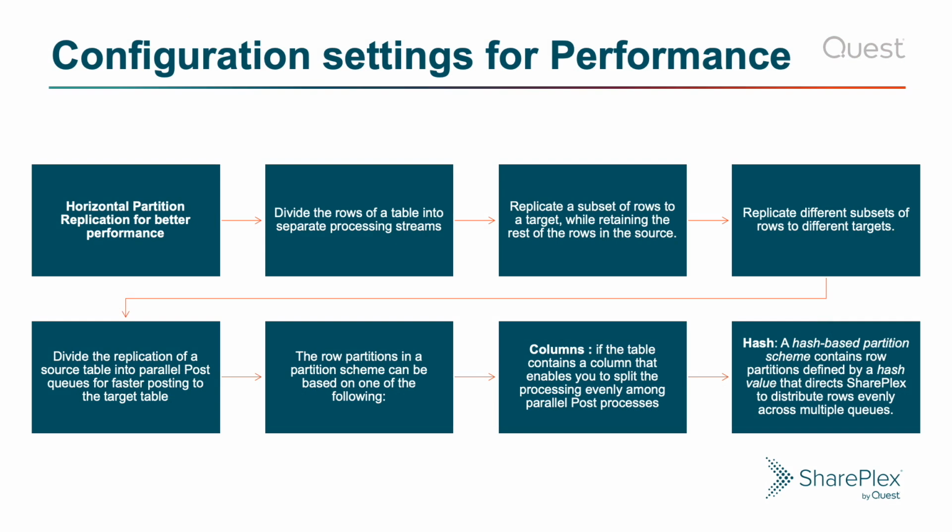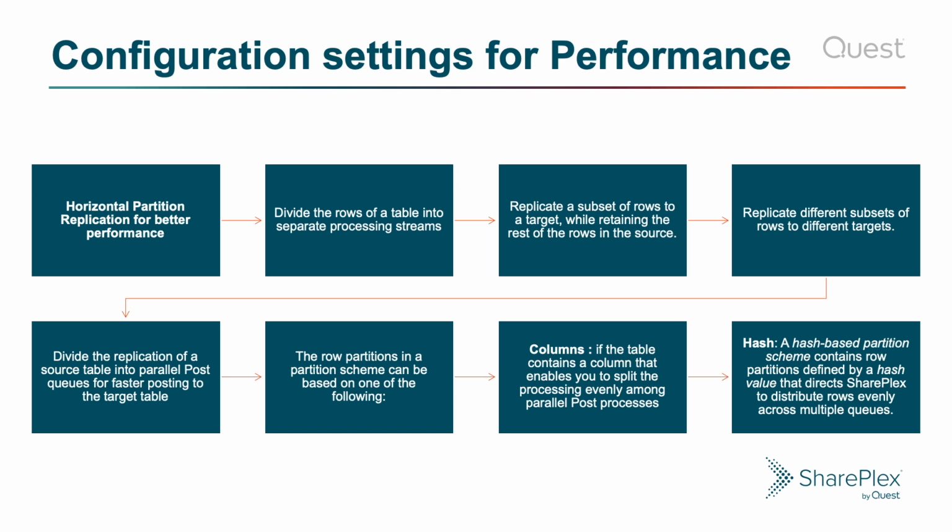But one thing to remember is you may have to enable the supplemental logging for the column which you choose, or else there could be a reader bottleneck when the reader is processing. I mean, the reader would have to go to the database to fetch the column information to figure out in which queue the data has to go.